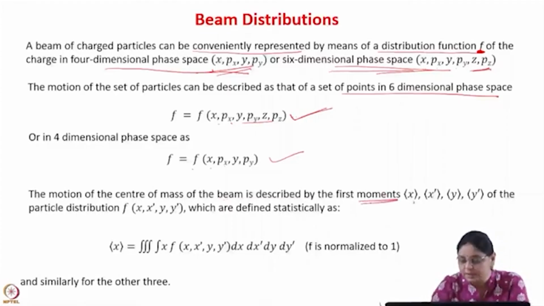So first moments are averages over x, x prime, y, y prime of the particle distribution f, which is defined statistically: the average of x is the integral of x multiplied by the distribution function f, integrated over dx dx prime dy dy prime. Here f is normalized to 1, and similarly for the other averages, x prime average, y average and y prime average.